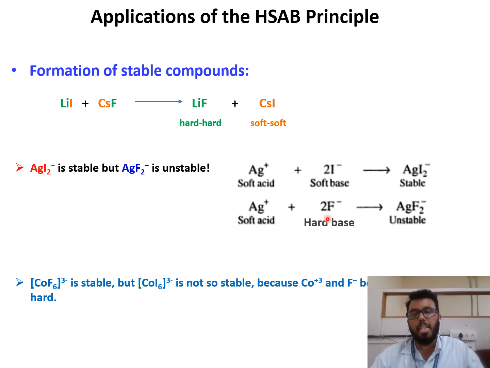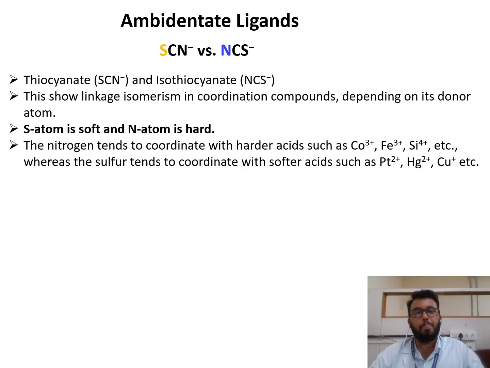As a result, they interact and form an unstable AgF2 minus. Similarly, CoF6 3- is a stable compound, but CoI6 is not stable. What is the reason? Because cobalt 3+ is a hard acid and fluoride ions are hard bases. This is hard acid and this is hard base. So the interactions will be stronger and they are more stable.